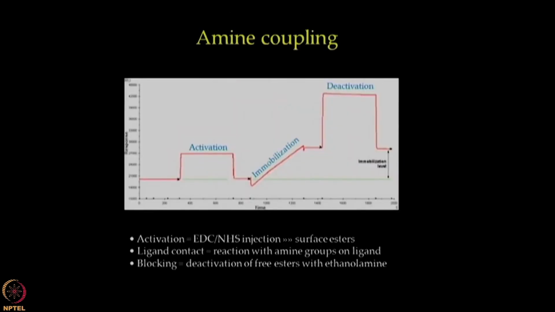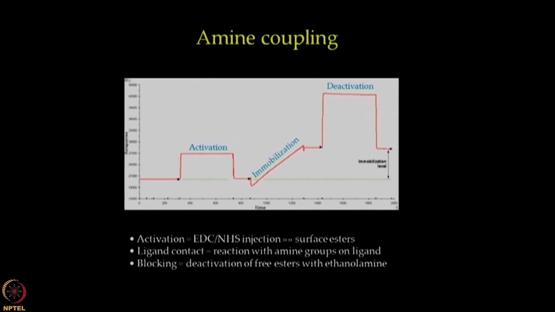measurements. Today, we are going to immobilize the antibody on a CM5 chip using amine coupling chemistry, and the figure here shows a typical immobilization sensorgram using amine coupling.